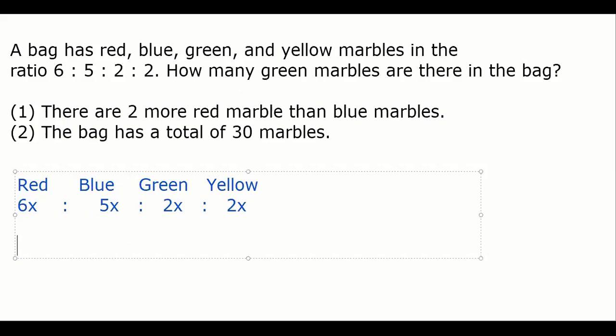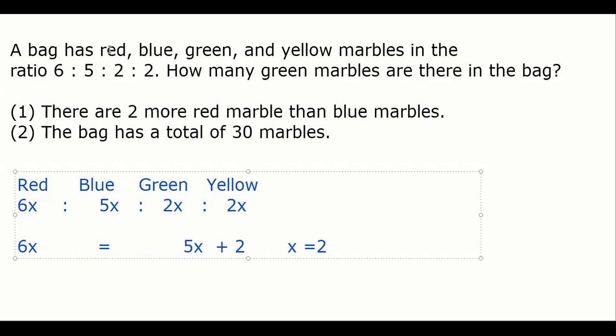Red marbles are 6x. Blue marbles are 5x. The first statement says there are 2 more red marbles than blue marbles. It means the red marbles, 6x, are 2 more than the blue. That is what it means, right? So from that, can you find x or not? 6x equals 5x plus 2, so x equals 2, right?